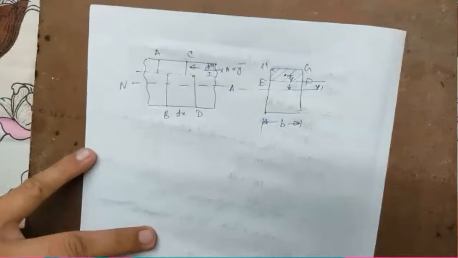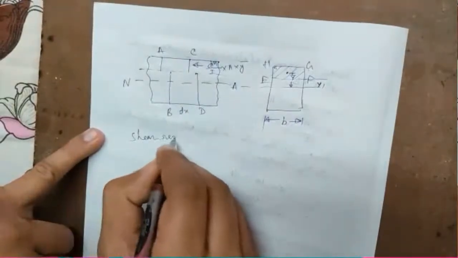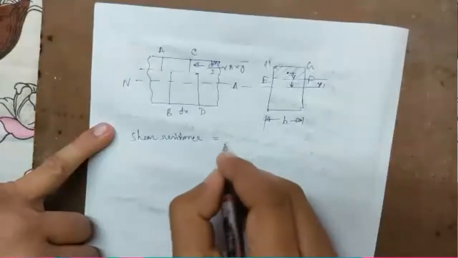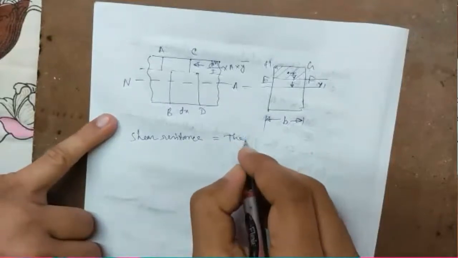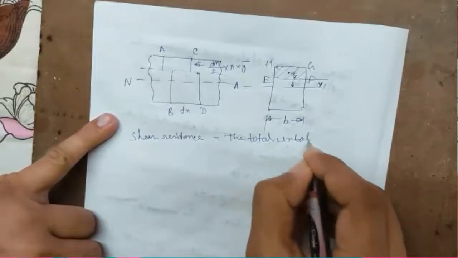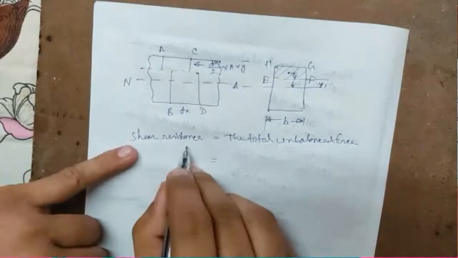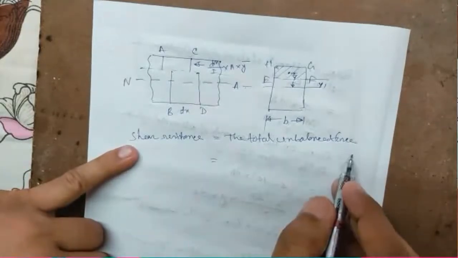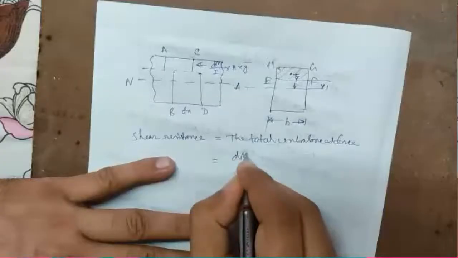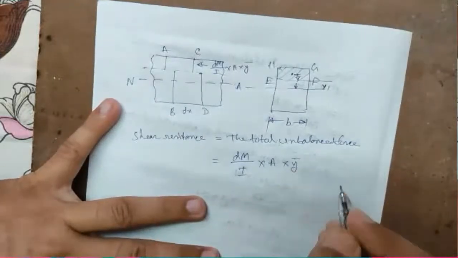So the shear resistance has to be at minimum the total unbalanced force, which is dM by I into A into y bar.